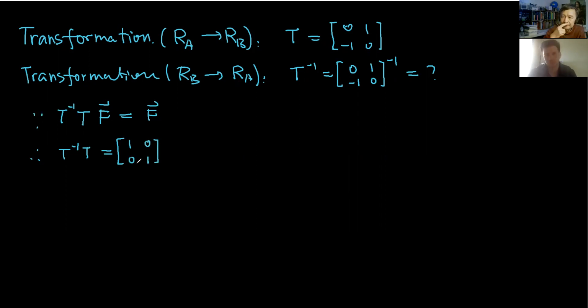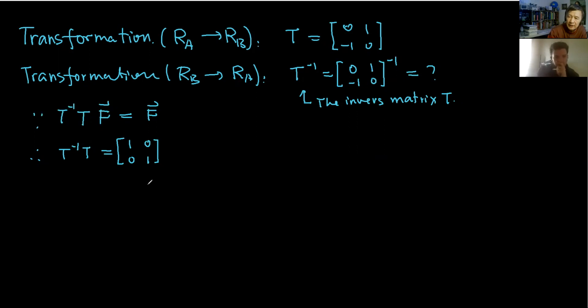So that is the starting point. In this case, the inverse matrix of matrix T is called the inverse.